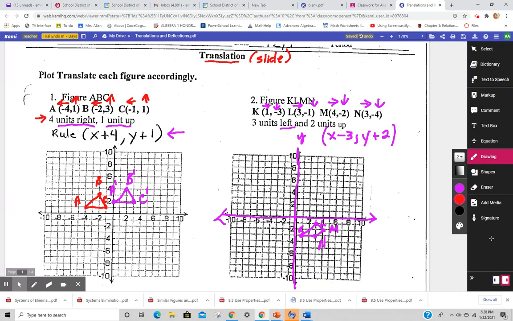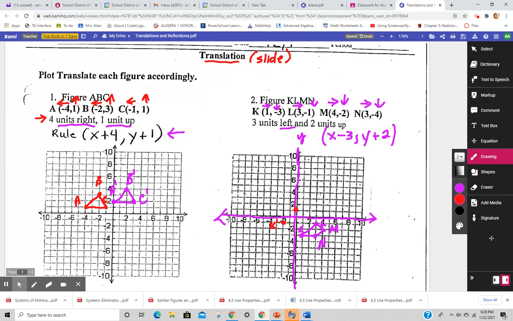All right, so let's go ahead and draw the image of this figure KLMN. Let's start with K. We're going to go 3 units left, 1, 2, 3, and up 1, 2. Let me just check, that's correct. So this is K prime. Let's move L. 1, 2, 3, up 1, 2.